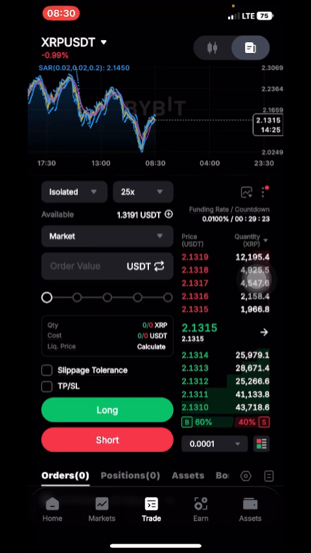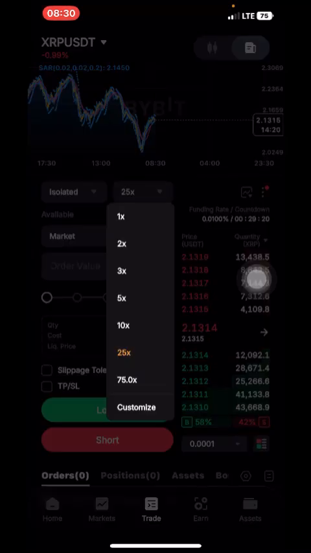So now we have 25x here. This is how you leverage your money. You can leverage up to 75x, meaning this is the rate at which you want your profits to be entering. But you have to manage your risks, your money, your capital.